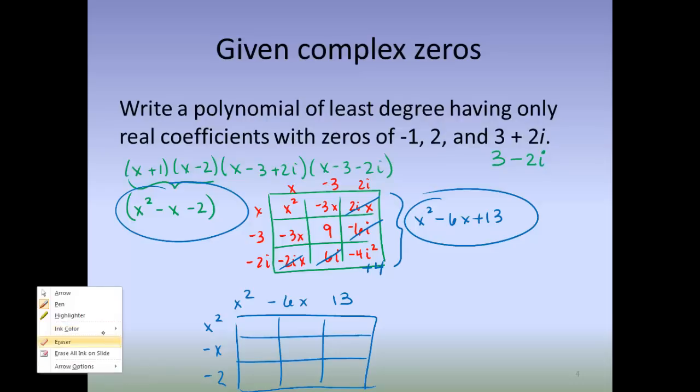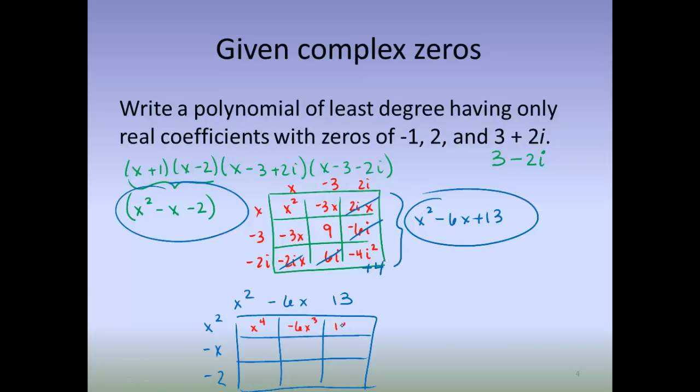Change color so you can see what I'm writing inside. x to the 4th, minus 6x cubed, and 13x squared. Negative x cubed, 6x squared, and negative 13x. Negative 2x squared, 12x, and negative 26. Clean it all up and we have our polynomial.